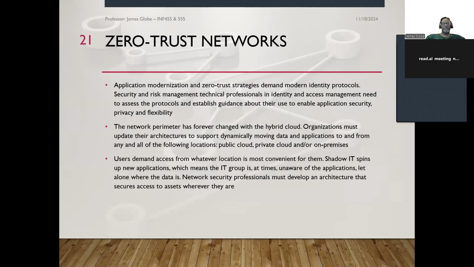So next, I kind of already queued it up, but zero trust networks again. Application modernization and zero trust strategies demand modern identity protocols. The key points here: you still need to deploy technology to secure your perimeter, secure your endpoints, monitor your environment.